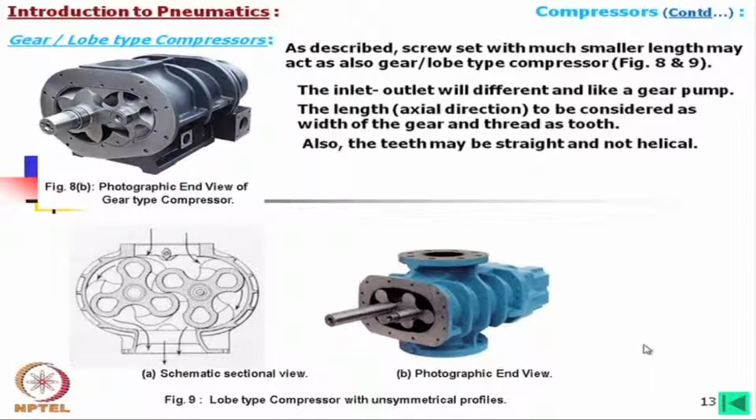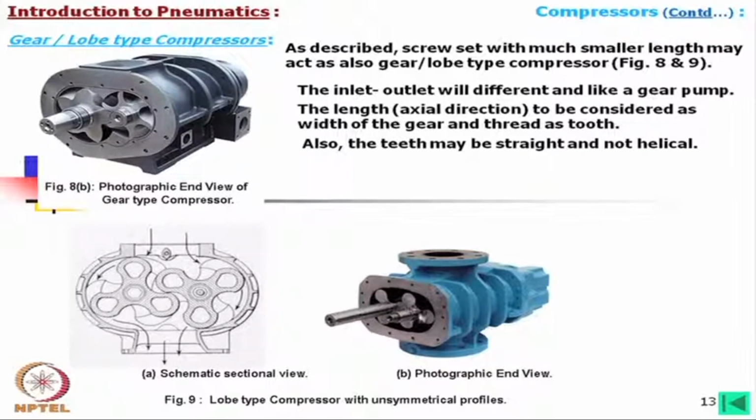Also, the teeth may be straight and not helical. Say here somewhat it is helical, but one can use straight teeth for the gear type compressor, and lobes are mostly straight also. Here of course, it is showing as if it is helical, it might be straight also.